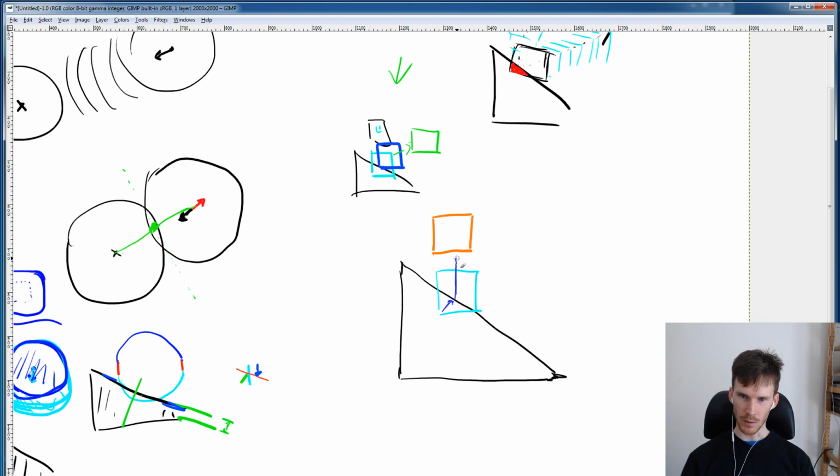Well, let me talk you through that. I'm just trying to draw this a bit more clearly. So this is the step, cyan to blue is the step where we do the separation. And then we do collision response. So we've got green, which is going to be, we've got the motion vector coming in this way, and it reflects off this thing.